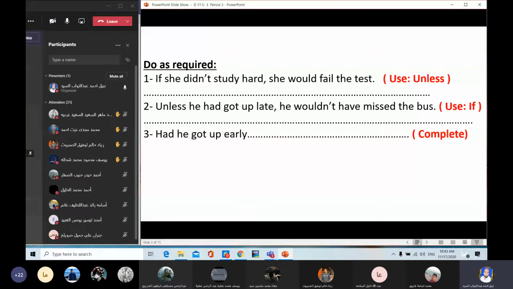But we can use unless instead of if not. Look at the first sentence. If she didn't study hard, she would fail the test. This is what? This is second conditional. Didn't study, past, negative, and would fail, would plus infinitive. Replace if with unless. Use unless.